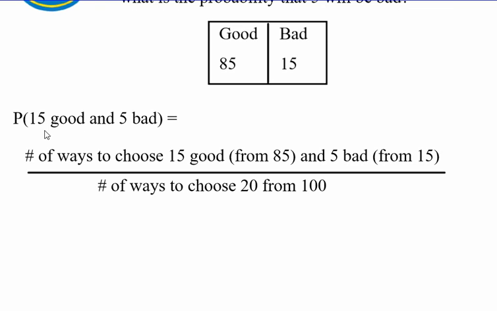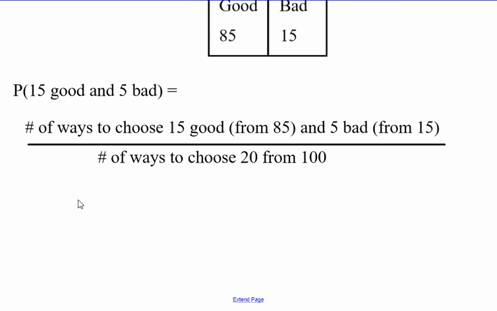So what's the probability? I'm going to pick 20 of them to put out there, which means 15 are good and 5 are bad. So up top, I need the number of ways to choose 15 good from the 85 goods in the entire batch and 5 bad from the 15 bads that are in the entire batch, divided by the total number of ways I could have chosen 20 from the 100. So first part, number of ways to choose 15 goods from the 85. So that's 85 choose 15.